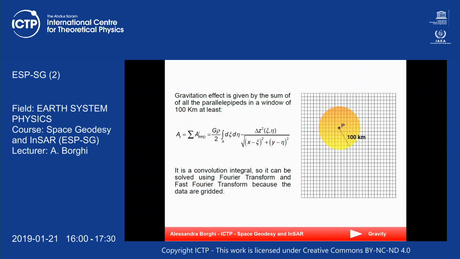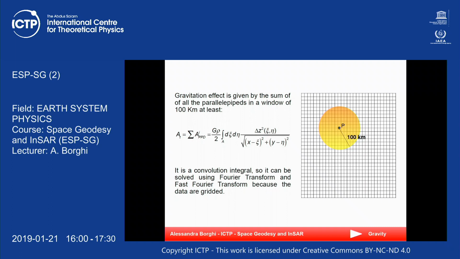It was a nightmare because you took one month, two months of computation before having the results. Now I can do the same with my laptop, more or less, so it's not such a big problem. I see that this distance is better increased, and there are a lot of papers that show that it's better to arrive to 150 kilometers from the point to consider the effect. And if you don't have a computation problem, use a larger circle.